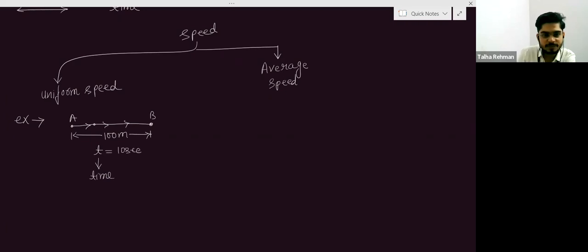So what will be the speed here? Speed is equal to distance, that is 100, divided by 10. So what you will get? 10.